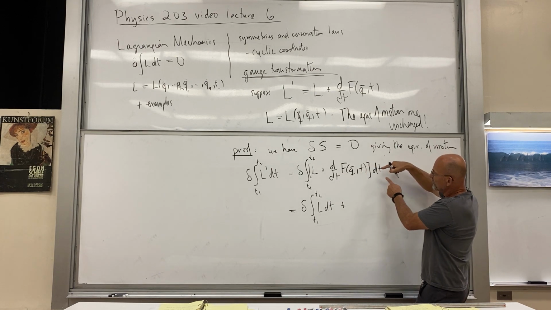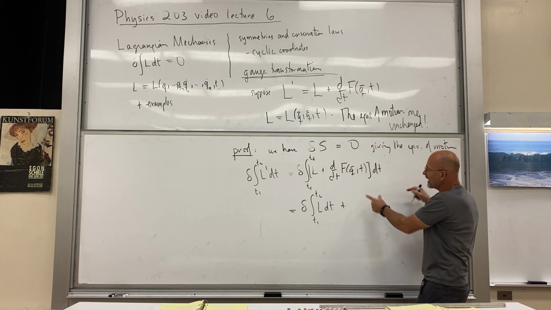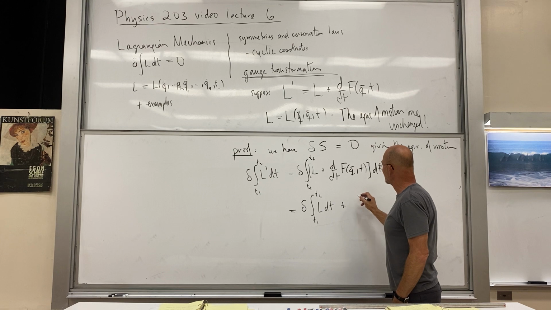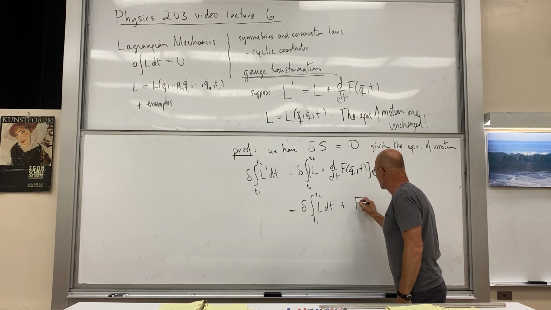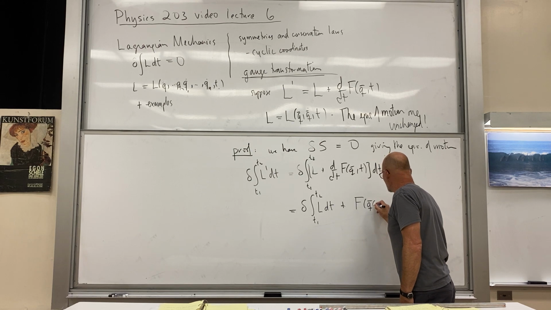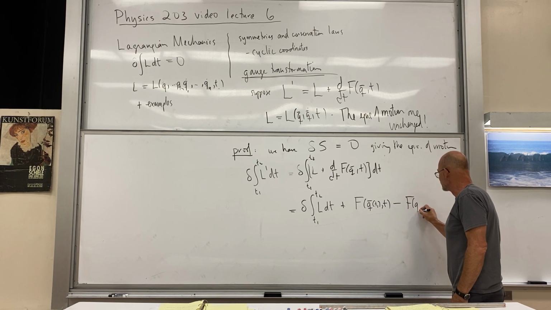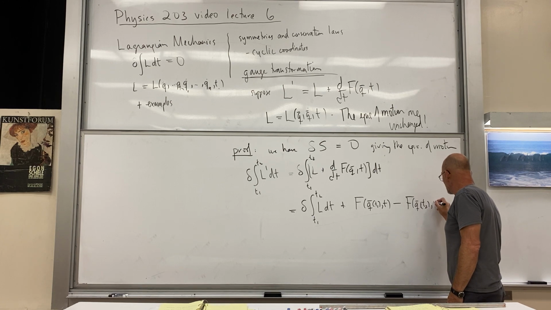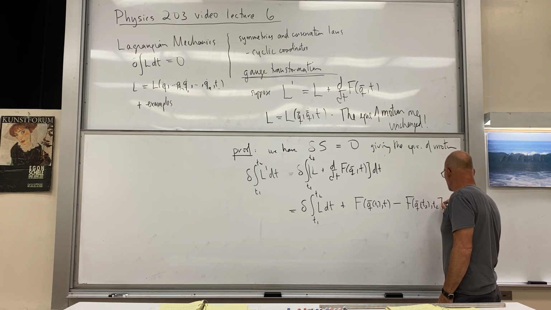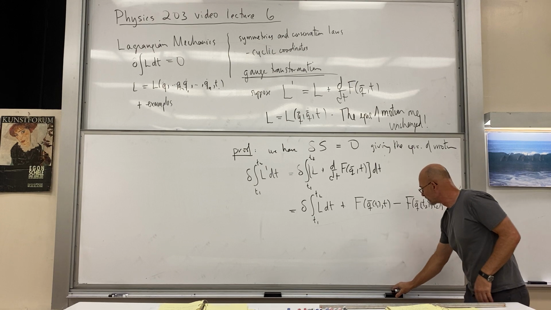The integral between these fixed endpoints of a complete time derivative is going to give us f of q of t1 and t1 minus f of q of t2, like that.